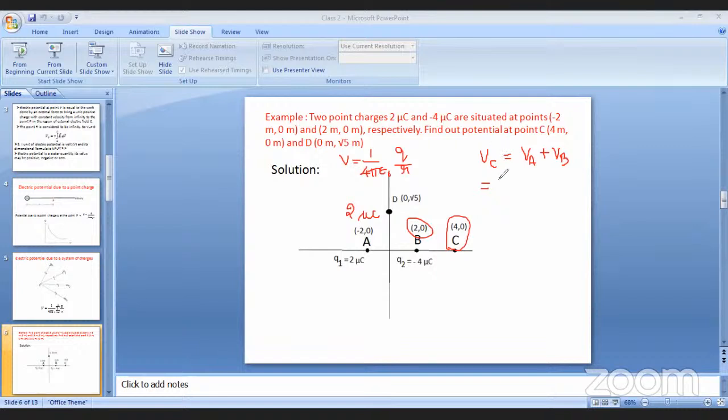You can unmute yourself and talk. Students, you can unmute yourself and talk. What is the distance between this point C and point A?